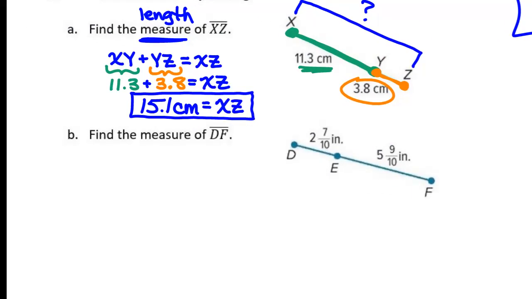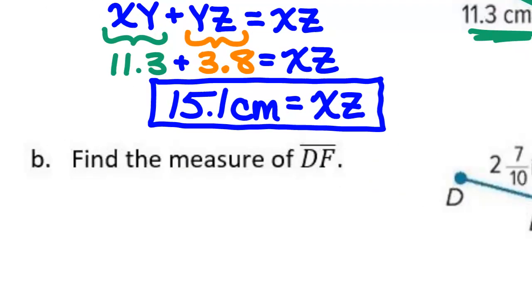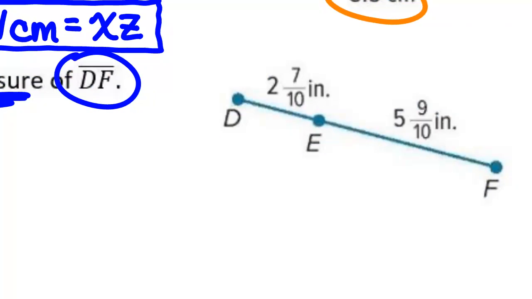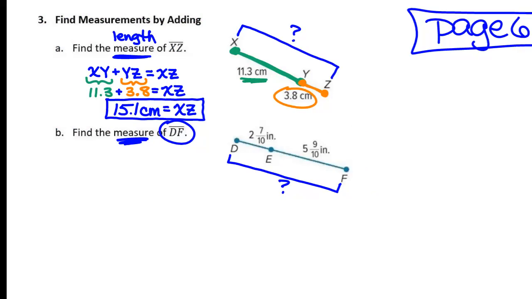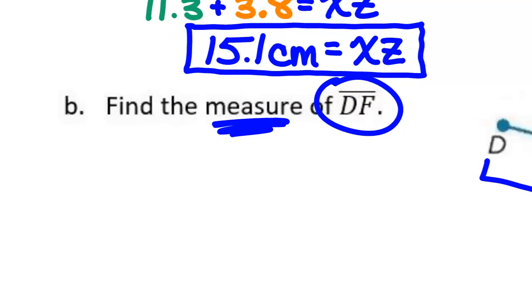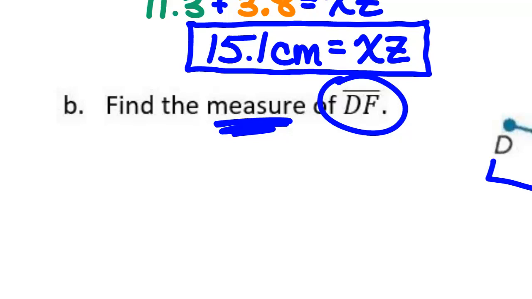So we want to find the length of this segment right here, segment DF, which is being made up of two smaller segments put together. What are the two smaller segments that are being put together to make this big segment?